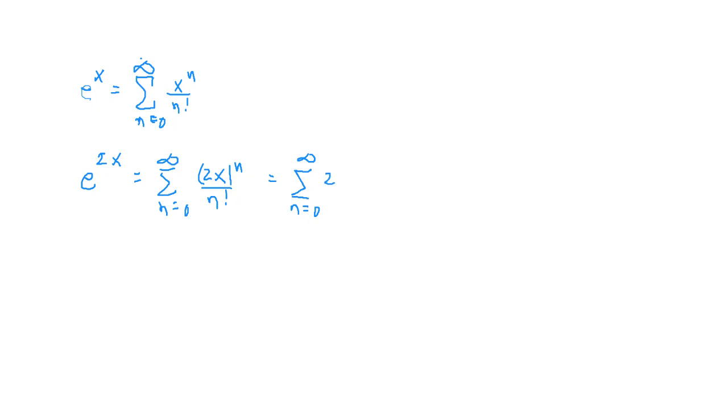And I can certainly simplify the series, and then I can write out some terms of the series. So when n is 0, we would have a 1. How do we get the 1? That comes from 2 to the 0th power times x to the 0th power over 0 factorial, and 0 factorial is 1.